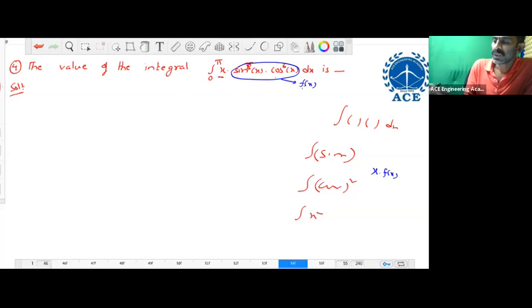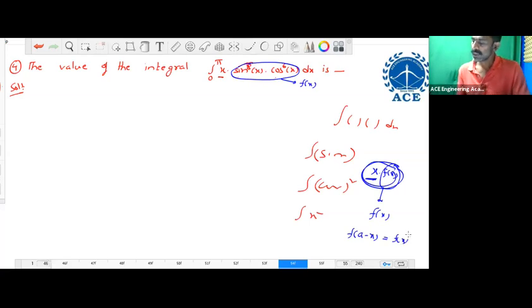That is, if any function f of x is multiplied with the variable x, then we can reduce this product to the single function f of x with the condition f of a minus x equals f of x. So by taking this f of x, we verify that this condition is satisfied, and we can apply property number 7, which is for when the function is multiplied with x. Okay, let us verify the condition by taking this as f of x.